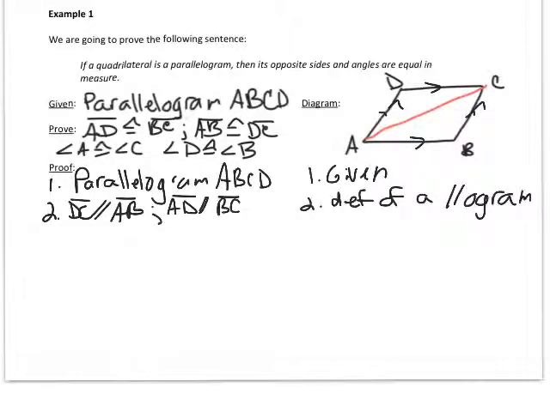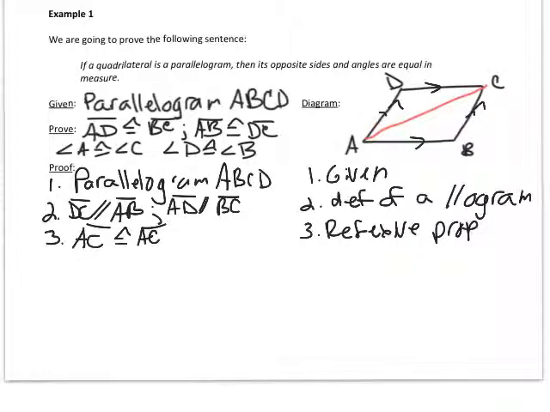Okay. Once I have that, I'm going to start proving the triangles congruent. I can get AC is congruent to AC. That's our reflexive property. Okay, so I have that. And if I can get some angles congruent, I could use angle side angle. So I know from parallel lines that those two angles are alternate interior, and these two angles are alternate interior. So I'm going to do this in one step.